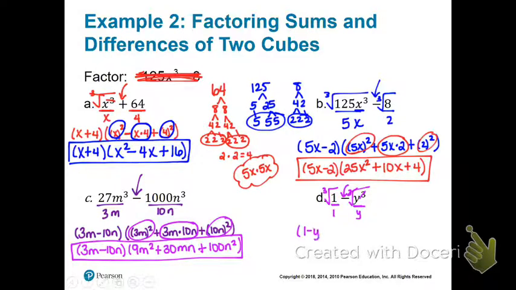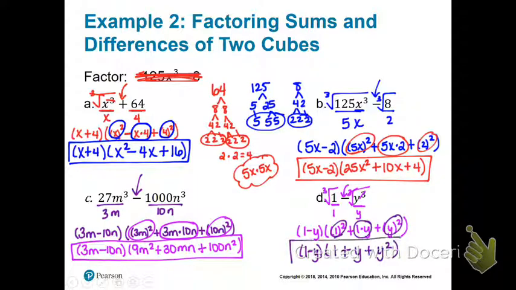This is a minus b times my a squared plus a times b plus my b squared. And then just simplify that second parenthesis. So bring down the first one. 1 squared is 1. 1 times y is y. And y squared is just y squared. No greatest common factors. I can't factor those 2 terms, so there is our solution.